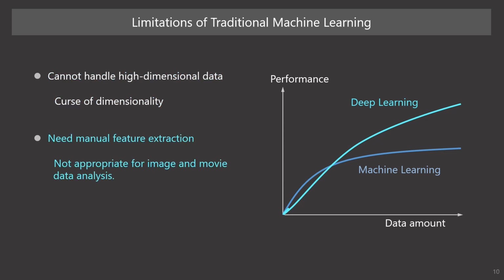The second is that when we use traditional machine learning techniques, we need to extract features manually. And therefore, when we analyze image data or movie data, traditional machine learning techniques are not suitable because such data is high-dimensional. That is, it contains a great number of features.